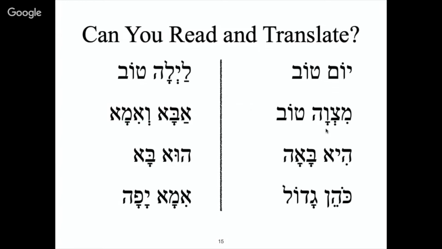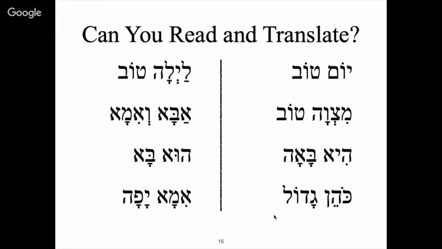This says Mitzvah Tov, which means good commandment. And this says Abba ve'ima, which means father and mother. And remember, when we put the vav with the sheva, this prefix here is and.